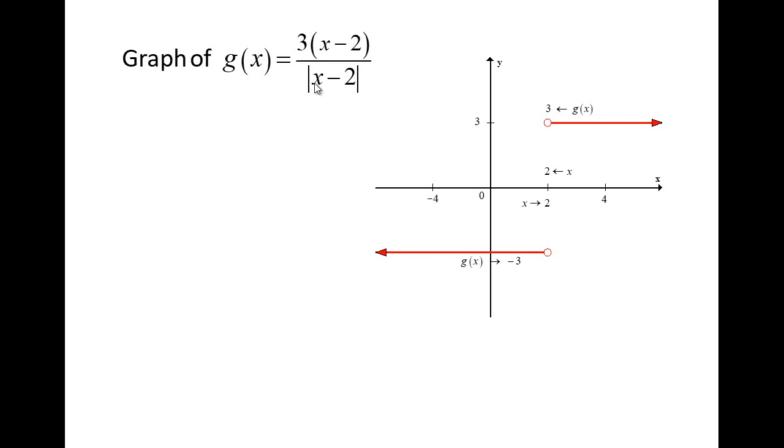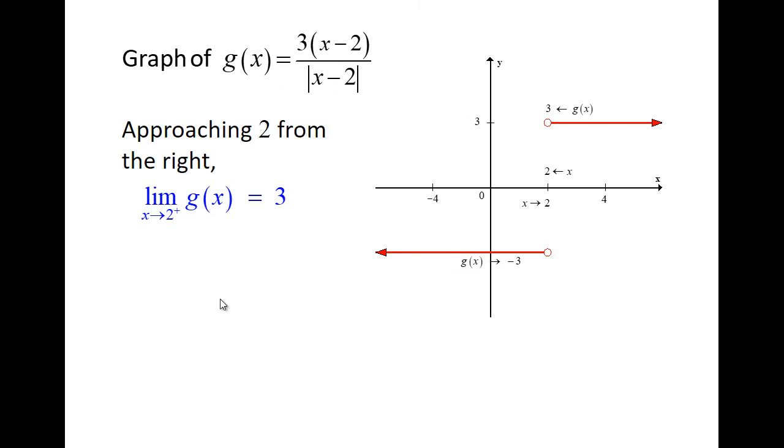If x minus 2 is negative, then negative of x minus 2 would be positive. So negative of x minus 2 would be what I'm going to have in the denominator, and then I can cancel out x minus 2, but then I have a negative in the denominator, so that's going to give me negative 3.